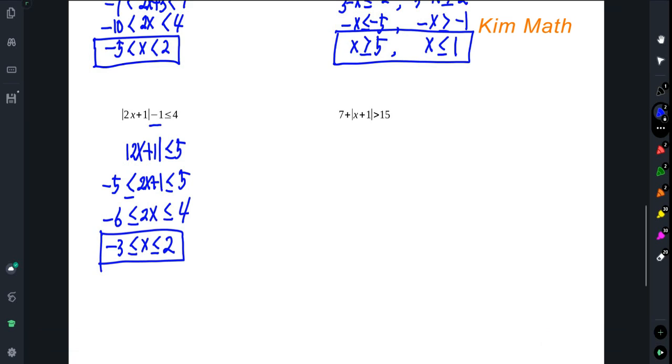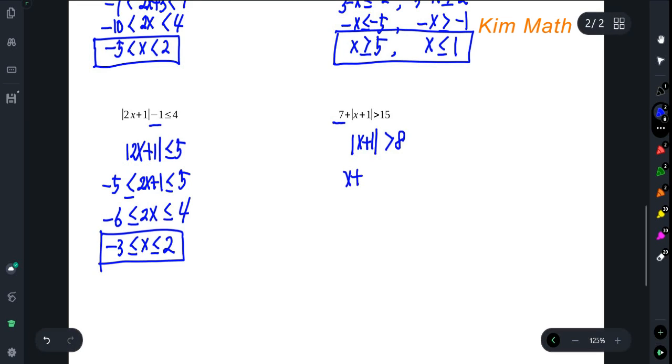Okay, next one. We must handle this part first. So subtract 7, then you have absolute value of x plus 1 is greater than 15 minus 7, which will be 8. Wow, absolute value of something is greater than some positive number. Do you remember how to eliminate the absolute sign?